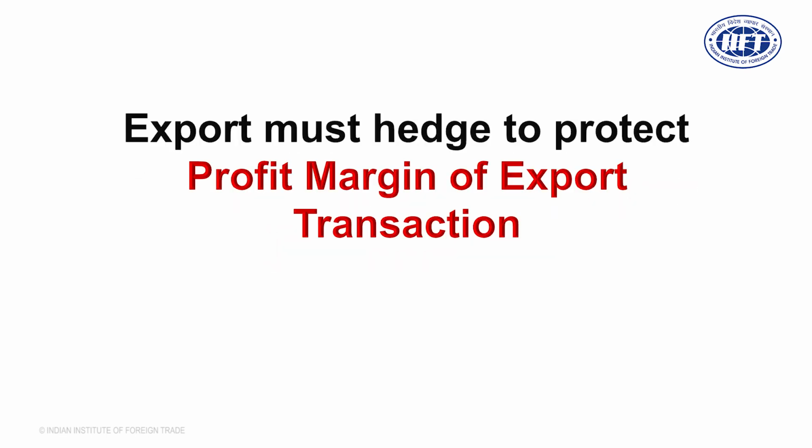Friends, exporters must hedge with the help of forward, future, or option. Protect the profit margin. Please don't try to make money from currencies. That is not your area. What is most important is if you are making 10% margin on your export transaction, please protect that 10% by using derivatives.